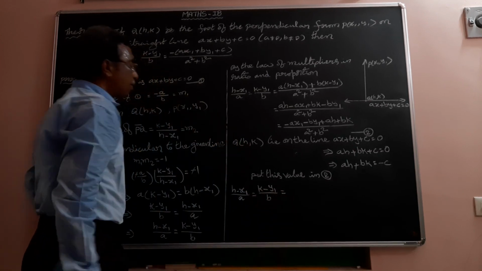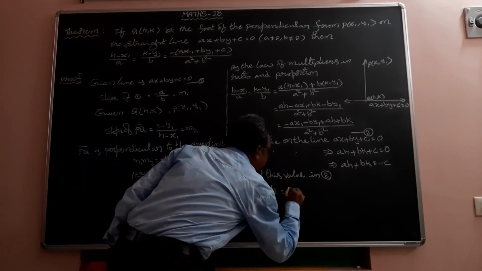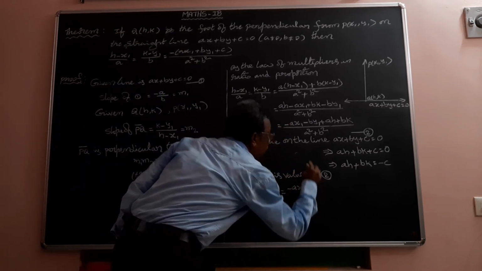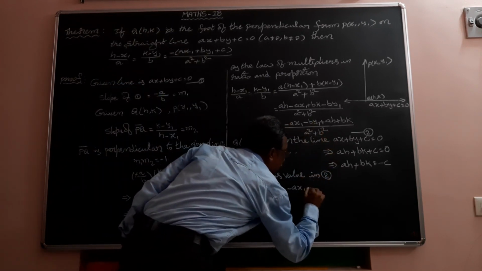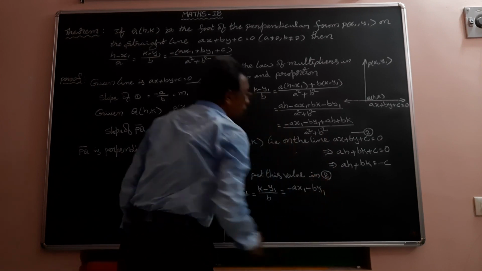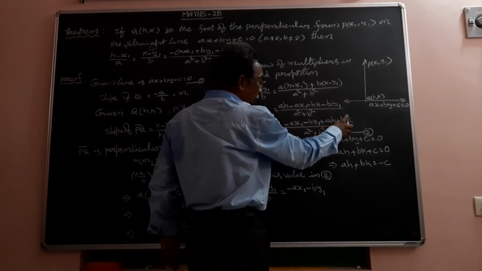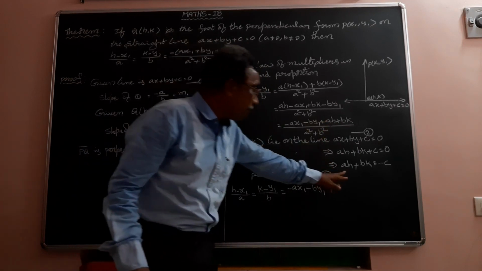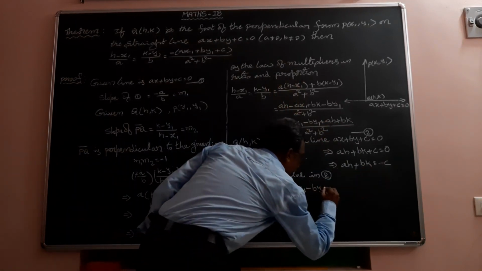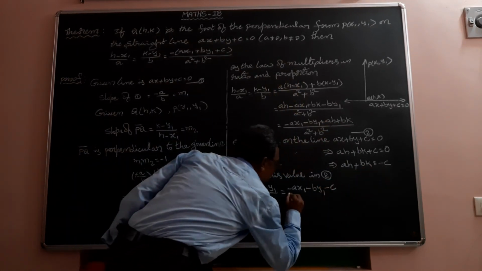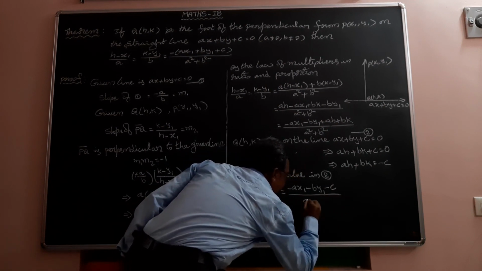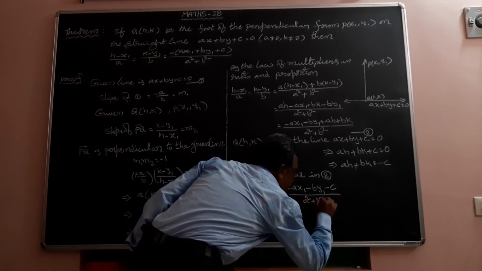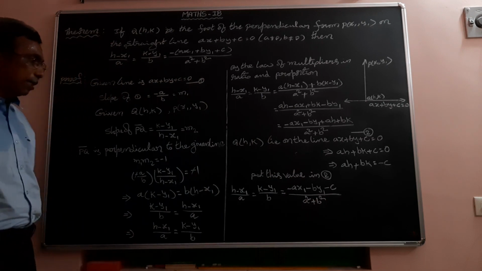Equal to minus ax1 minus by1 plus ah plus bk. Ah plus bk value is minus c. Now substituting minus c, by a square plus b square.